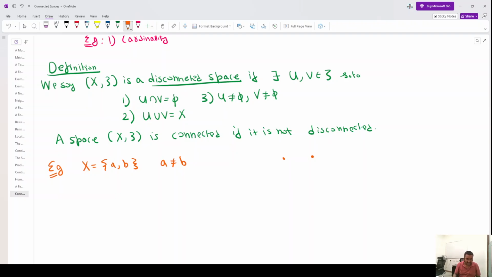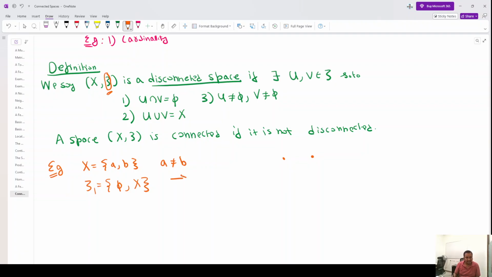Let us see why. For example, you can theoretically argue that this topology tau plays a very crucial role. So say, for example, you take tau1 to be the indiscrete topology. These are the only open sets. So do you have two disjoint non-empty sets such that you can write X as a union of those?